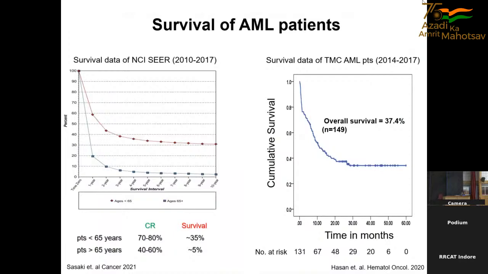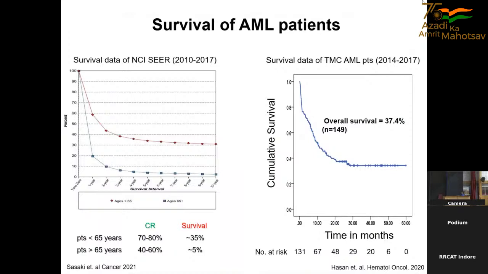So if you look at the survival of acute myeloid leukemia, survival is very poor. If you look at the data from NCI, the overall survival for patients less than 65 years is approximately 35%, and in elderly patients the survival is only 5%. So very poor survival.